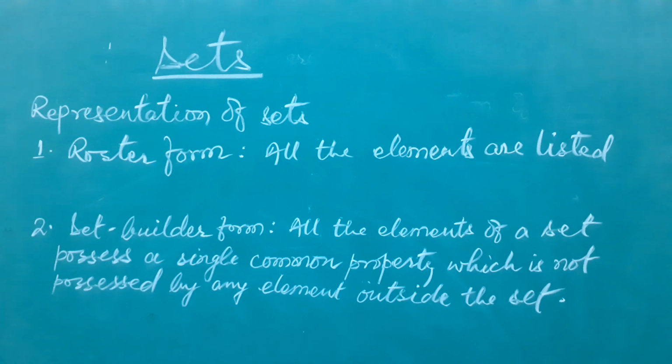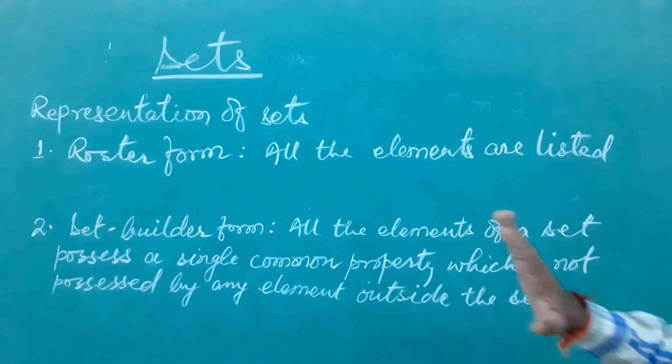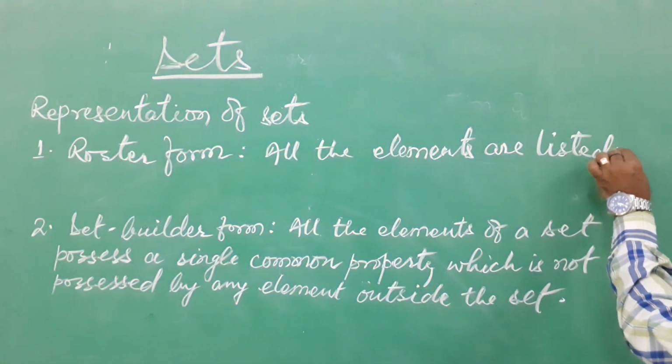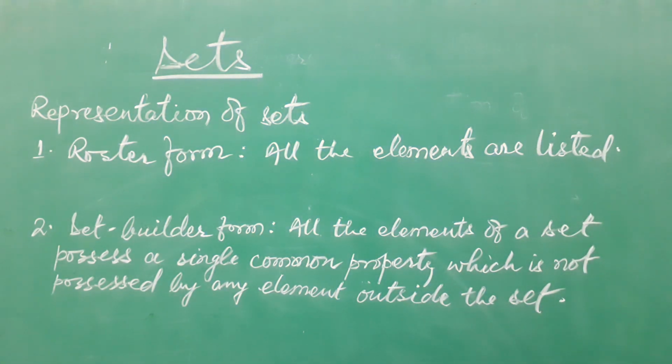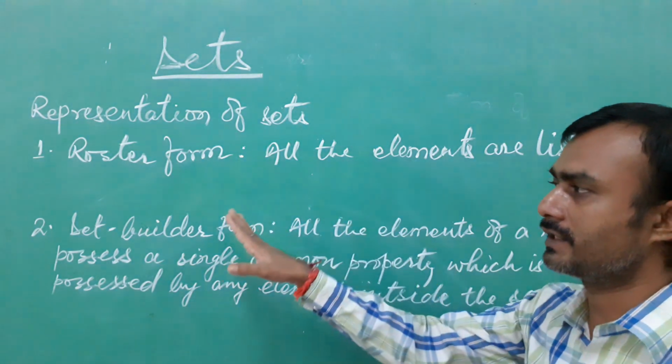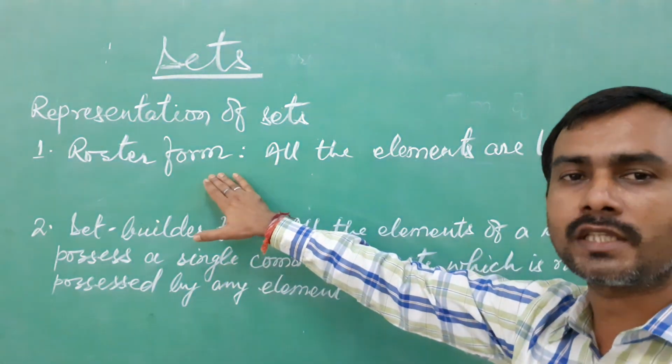First one is roster form and second is set builder form. In roster form, all the elements are listed. This form is also known as tabular form.